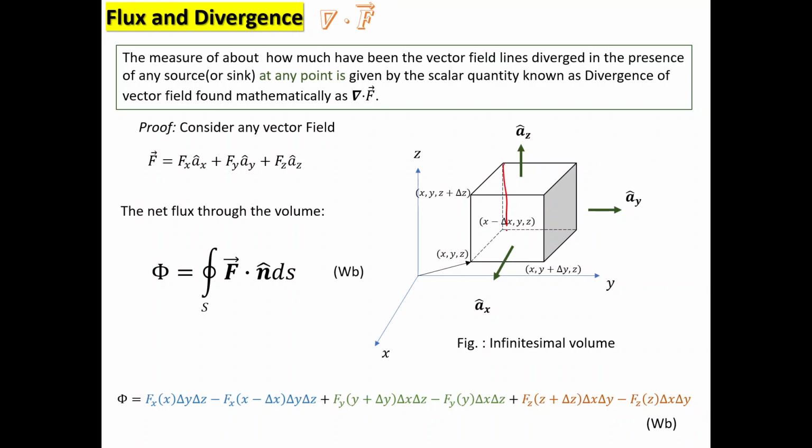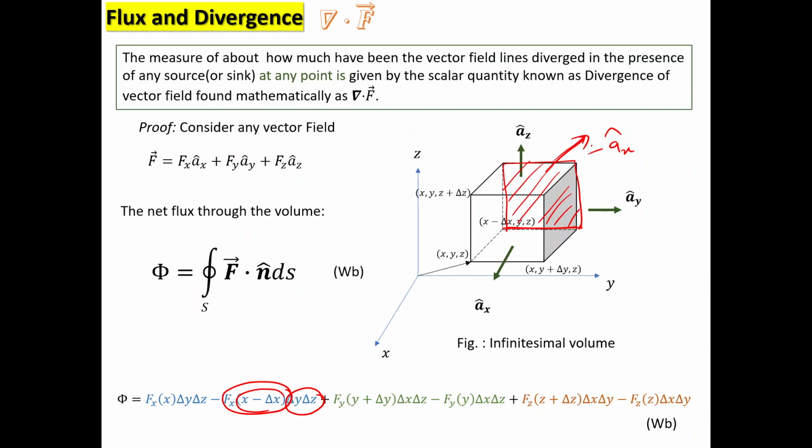Considering another face just opposite, its direction will be in the negative x direction, and its area will be the same, del y into del z, but the value of the component is at the point x minus del x.